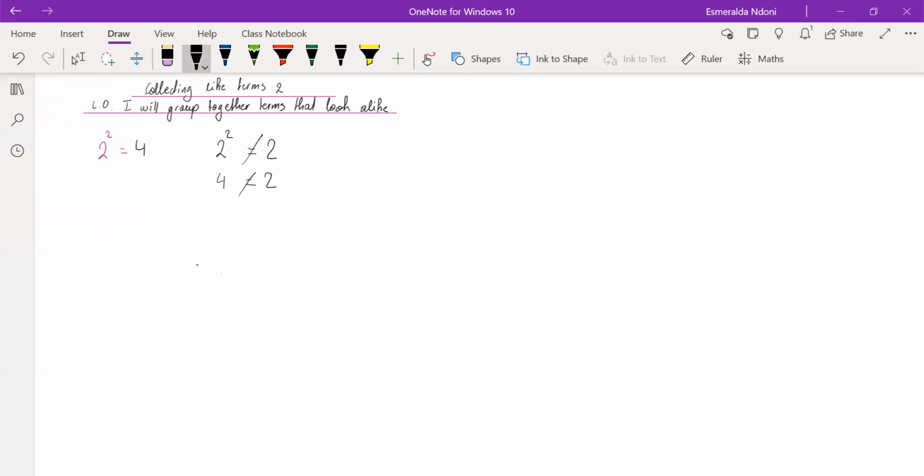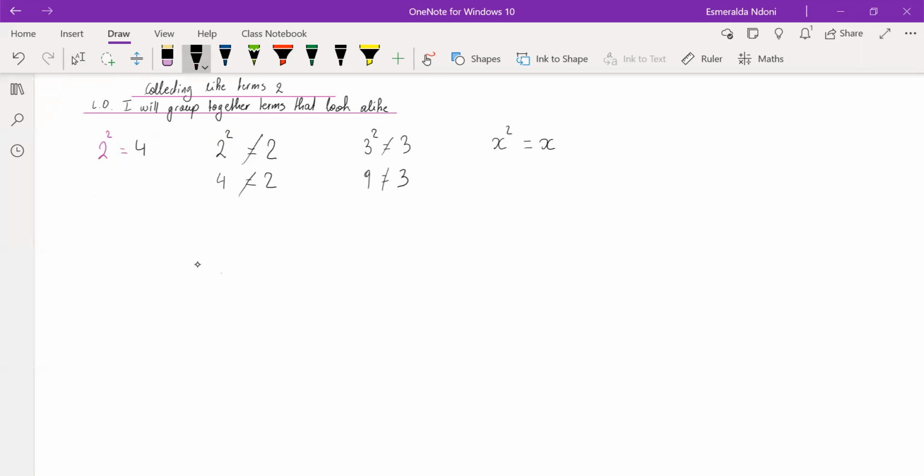Okay, so on the same principle, if I am to ask you, is 3 squared the same as 3? The answer would be, no, it's not, because 3 squared gives us 9, which is not the same as 3. So if instead of numbers, I put letters now, and I ask you, is x squared the same as x? Your answer should be, well, no, madam, because they are 2 different things.